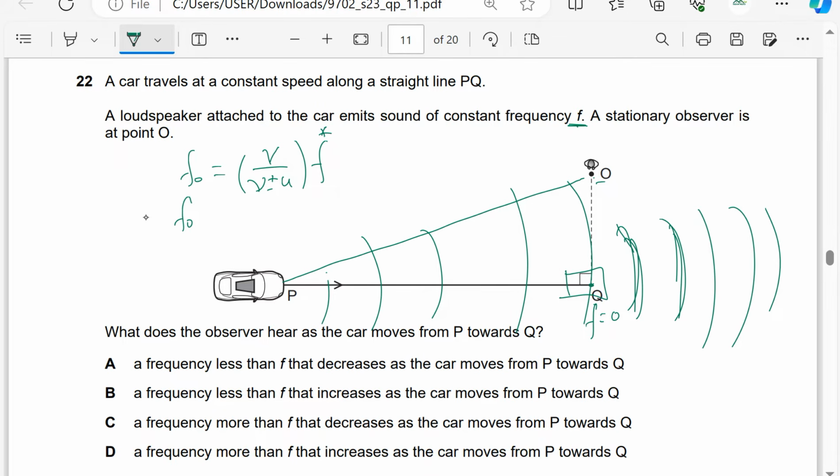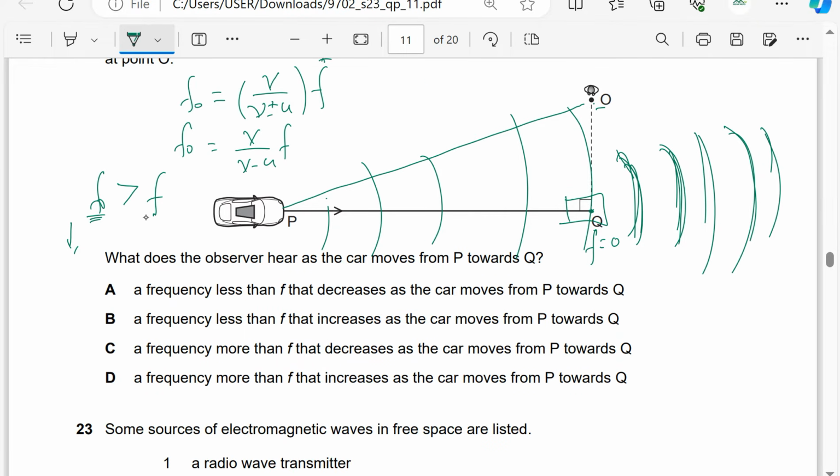So F naught equals V divided by V minus U times F. That means F naught must be greater than F. But as we move towards Q, even though F naught is greater than F, it decreases, because at Q the waves are not moving towards the observer, they are actually moving this side. So it is higher than F, but it decreases.